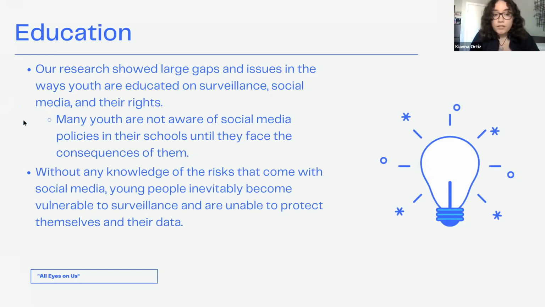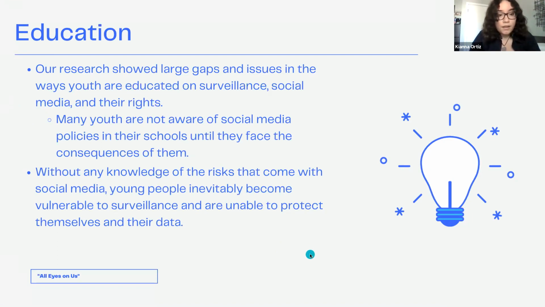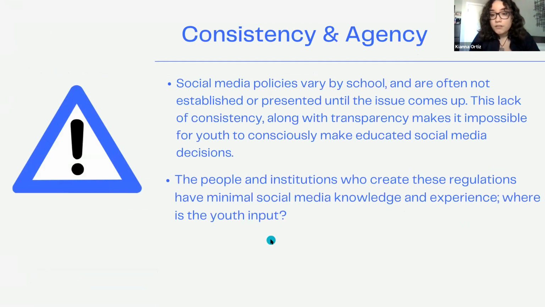And without any knowledge of the risks that come with social media, young people inevitably become vulnerable to surveillance and they're not able to protect themselves and their data. So education, particularly through a digital citizenship curriculum, is one way that youth can be on the right track to protecting themselves and not facing the consequences of surveillance.